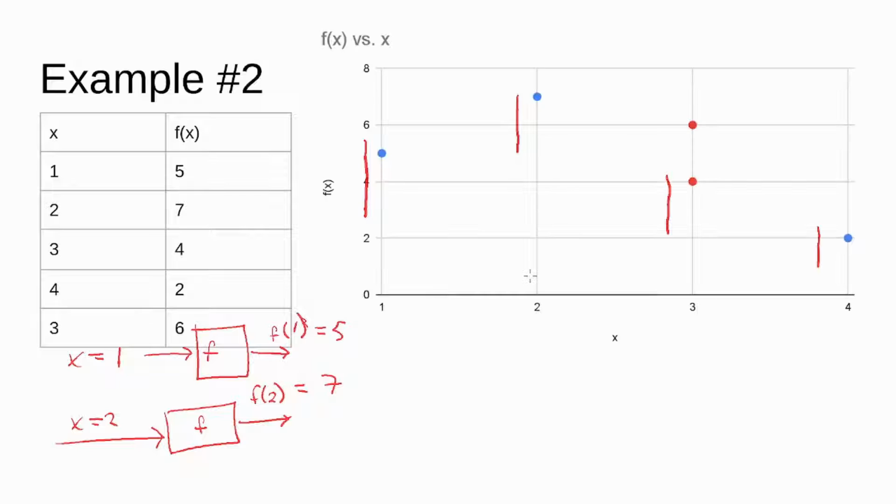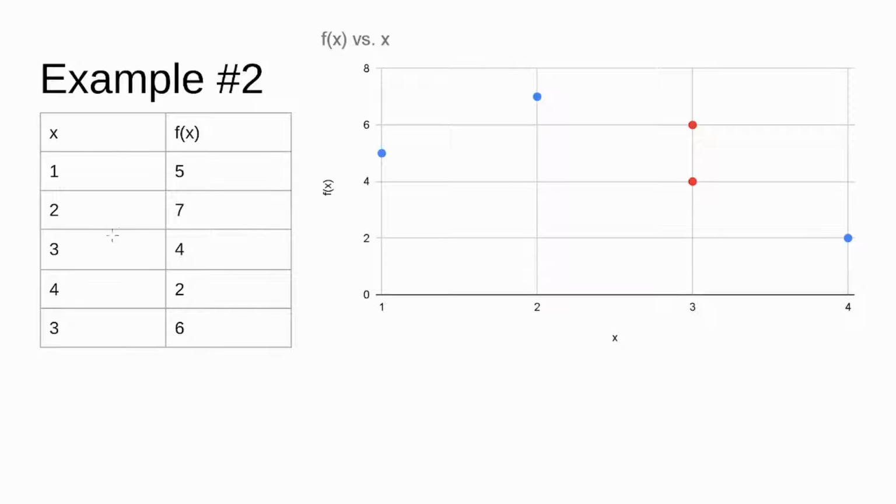So let's look at the next slide. Here we can see it's the exact same chart from the last example, with the only exception that I've added another field, 3, 6, and there was already an input of 3 into the system, and we said it was 4. So what does that look like visually when we start to think of the vertical line test?